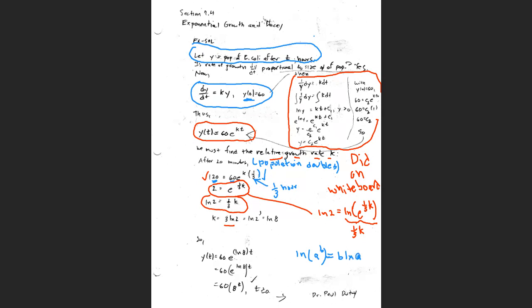So we can write 3 times the log of 2 as the log of 2 to the 3rd power, and that gets us the log of 8, which we substitute in now for k in our y of t formula. Are there any questions so far?